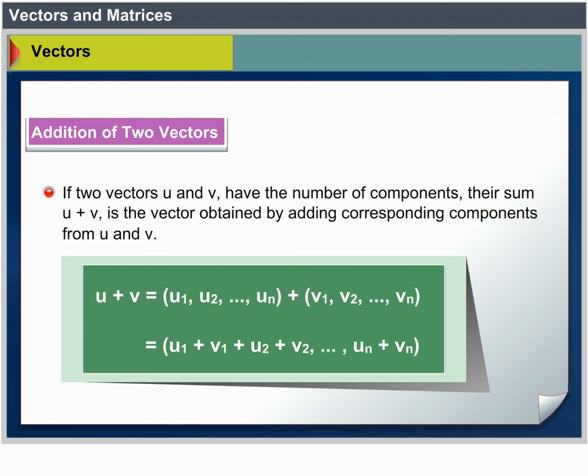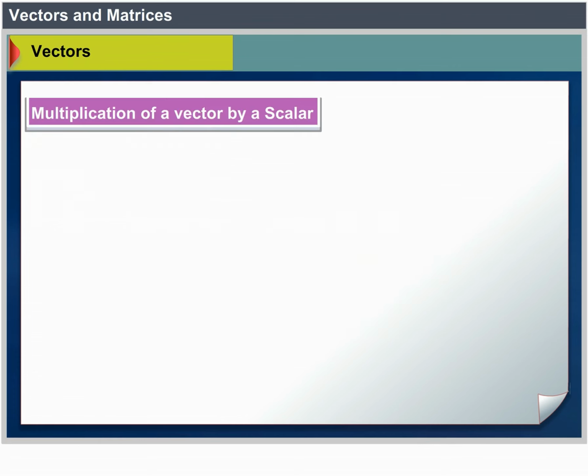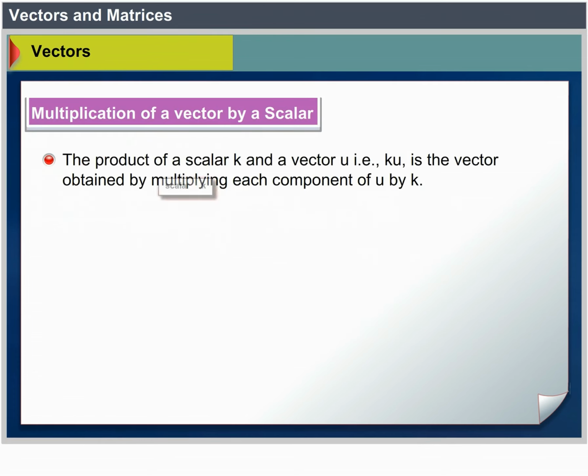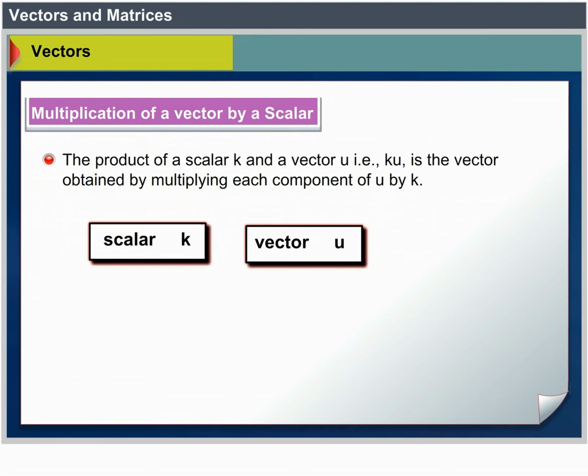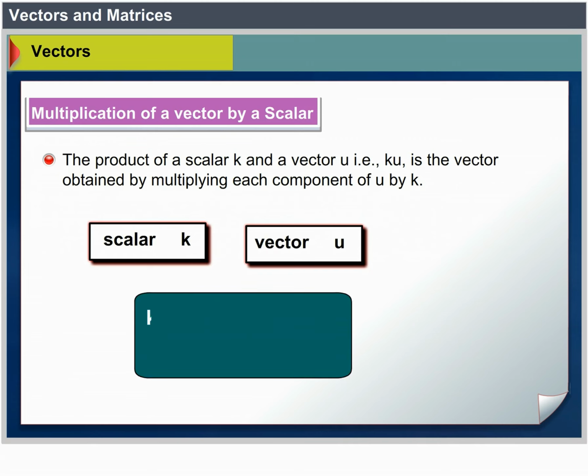Multiplication of a vector by a scalar. The product of a scalar k and a vector u, that is ku, is the vector obtained by multiplying each component of u by k. ku = k(u1, u2, up to un) = (ku1, ku2, up to kun).